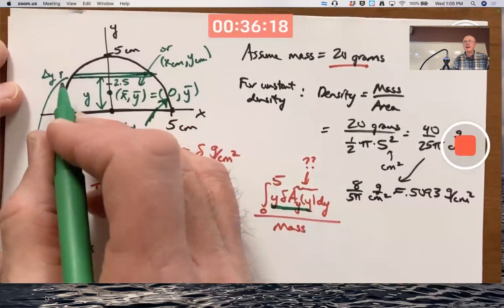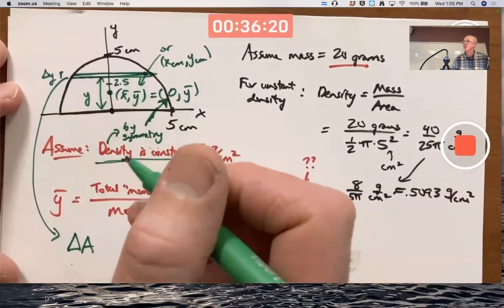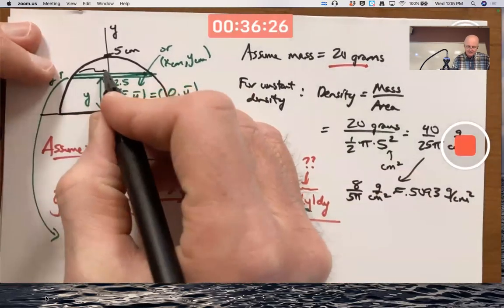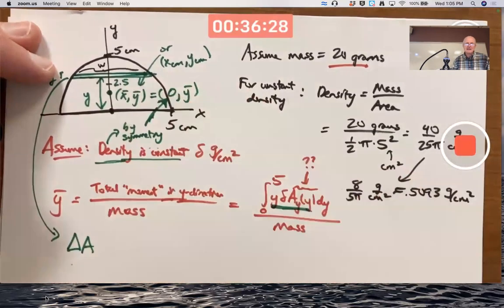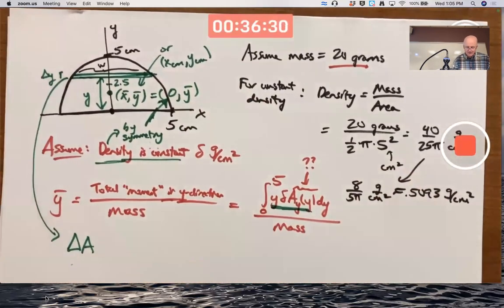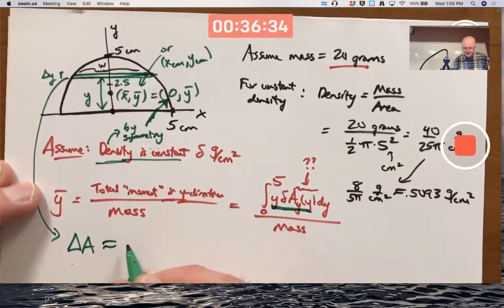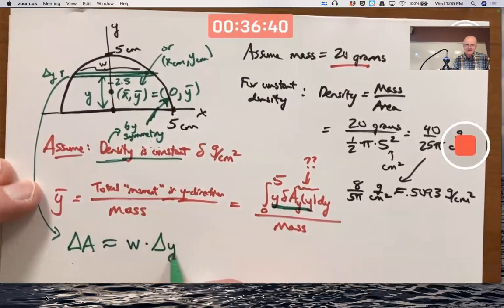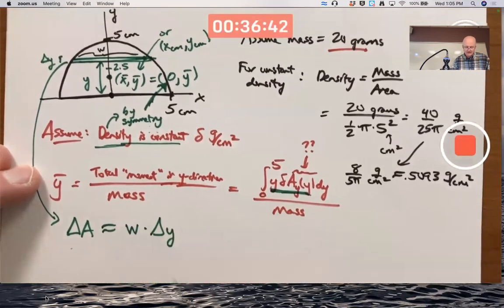Area is base times height. Width times height. In the first class, I did call the width W. But I'll go ahead and do that here still. It's not exactly a rectangle, but it's approximately a rectangle with W times delta y, base times height.